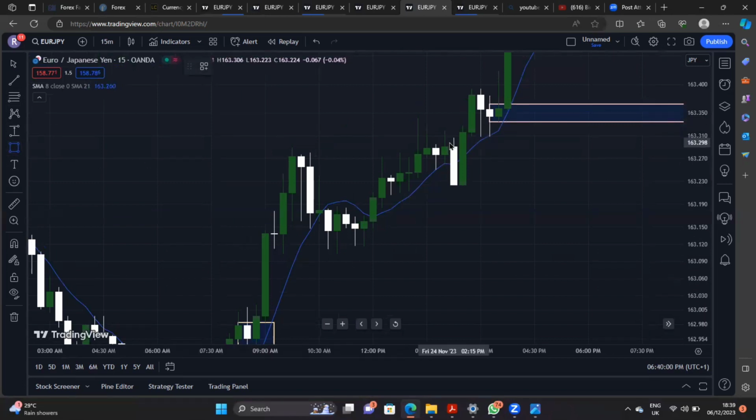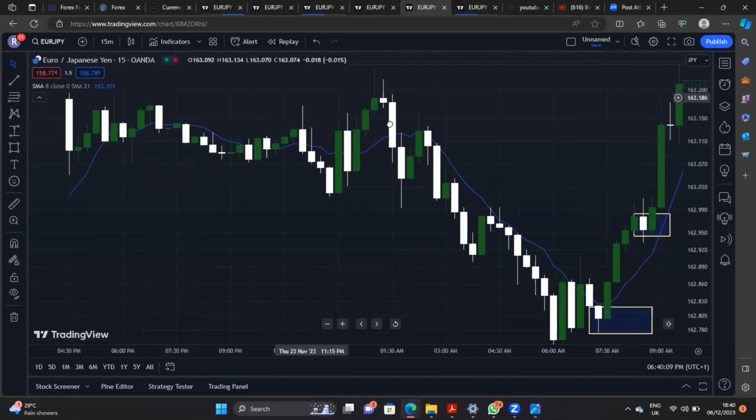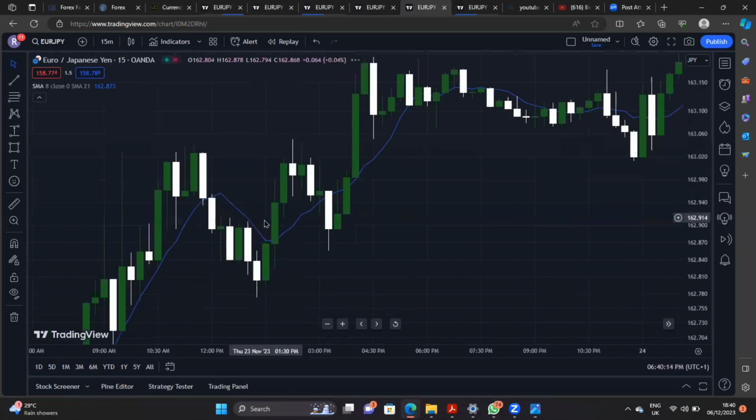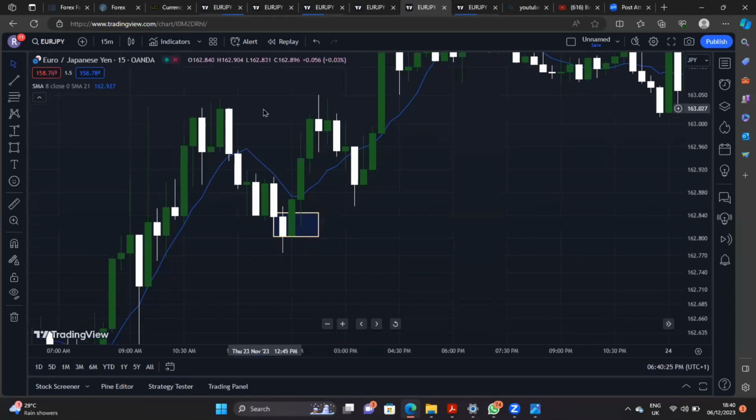We also have a bullish engulfing right at the zone, right? You can go on and on, giving several examples of bullish and bearish engulfing candle patterns. The most important thing is that you understand how to identify engulfing candles on your chart, because it gives you a wider knowledge of what's happening in the market.